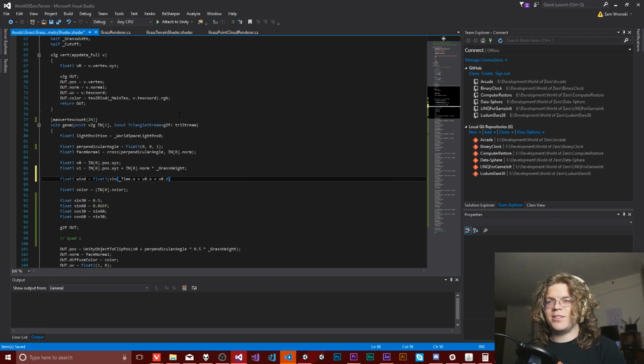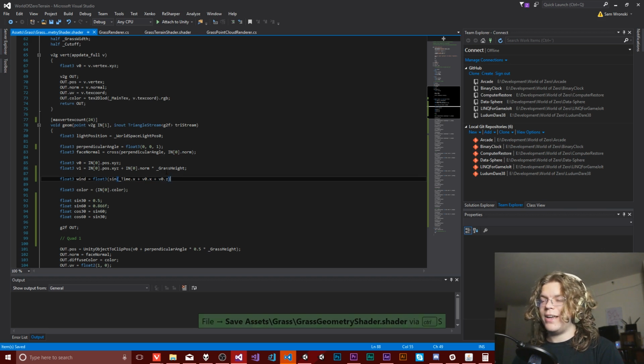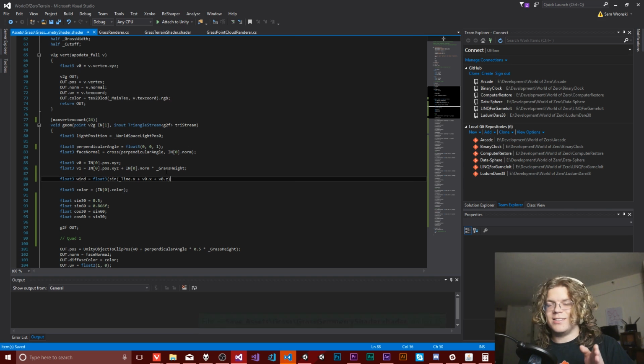And so what I'm trying to do here is just introduce something that can't be random, but I want it to be unique. So this way, hopefully, things are related by their x and their z coordinates in some sort of way. So things nearby with x and z will be animated similarly, but not exactly at the same time.